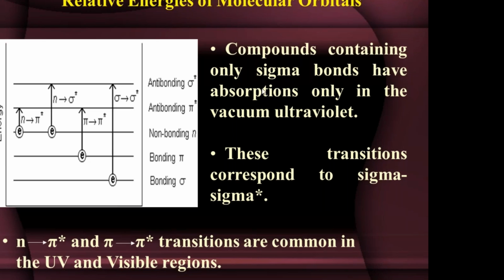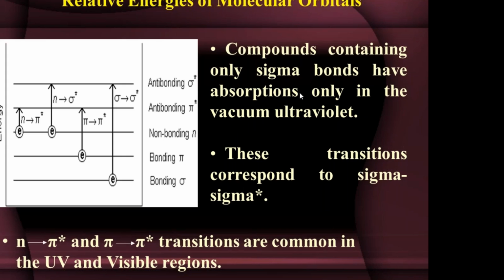So compounds containing only sigma bonds have absorptions only in the vacuum ultraviolet. At the most, they can have it only in the vacuum ultraviolet, or they go for still more energetic regions, extending into the X-ray region. Compounds containing only sigma bonds are the saturated compounds. So saturated compounds will not show absorptions in the UV visible region.